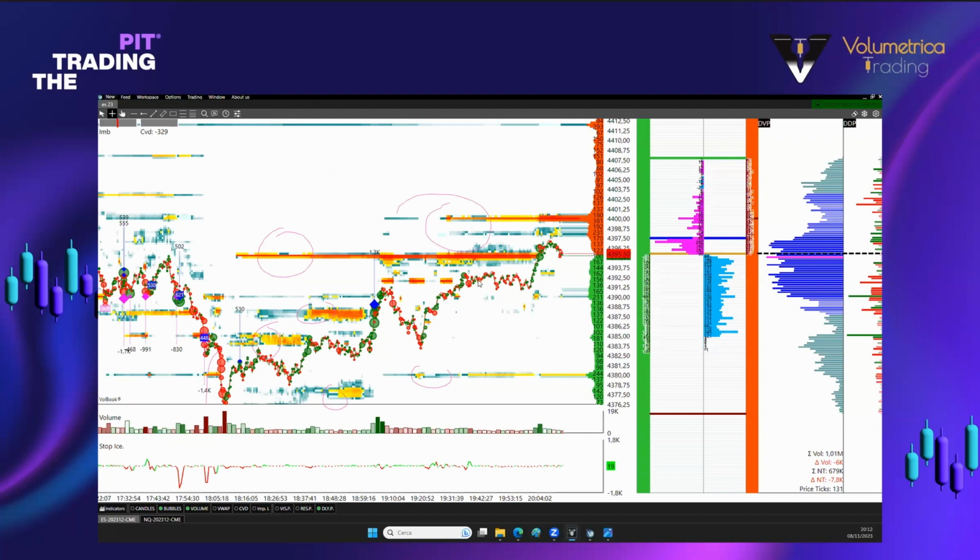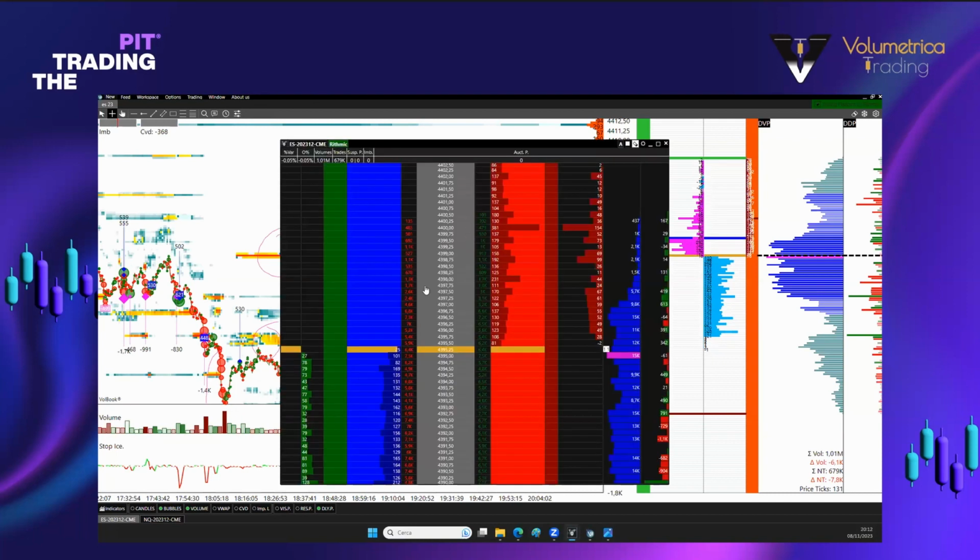This is what an order book, also called DOM, looks like. We have all of the price levels with the ladder representation. So basically we have all of the price levels being stacked vertically.